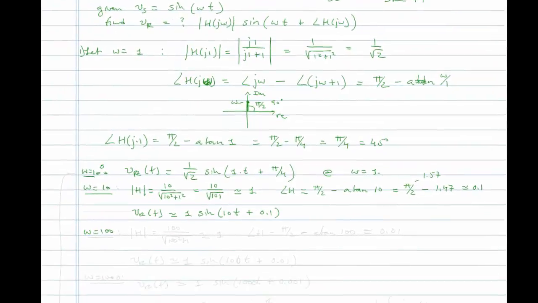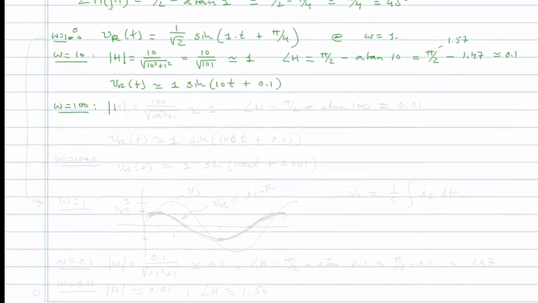Let's try 100 radians per second. The magnitude here is going to be 100 over the square root of 100 squared plus 1. This will again be approximately equal to 100 over 100, or 1. The angle will be pi over 2 minus the arctan of 100, which is approximately equal to 0.01 radian.